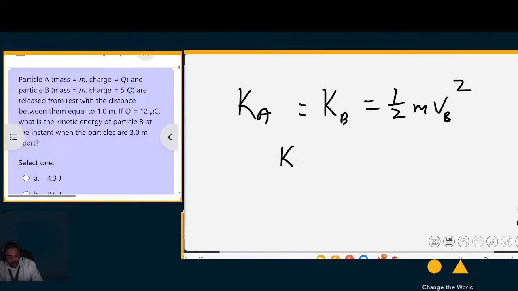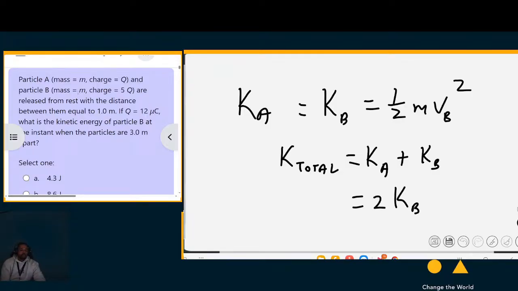Now the total kinetic energy is the sum of the kinetic energies, so the kinetic energy of A plus the kinetic energy of B. But since the kinetic energy of A is equal to the kinetic energy of B, we can just write it as 2 times the kinetic energy of B. We've already written down the kinetic energy of B, so the total kinetic energy is equal to m vb squared.